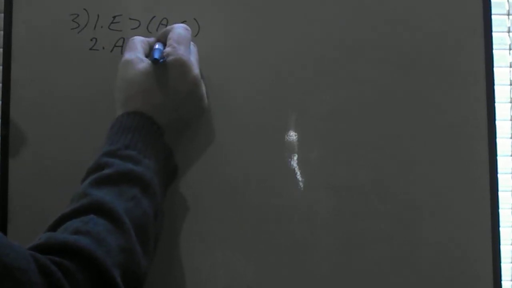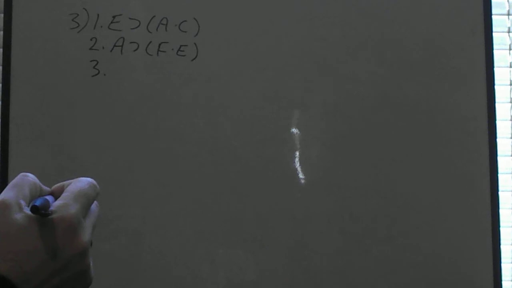We'll see E, then A and C. Line 2 is A, then F and E. Line 3 is E, therefore F. So it's working proofs in the same way that you were doing in 7.1, except now you've got 8 rules to play with rather than just 4. And that actually really can make it easier in many ways.